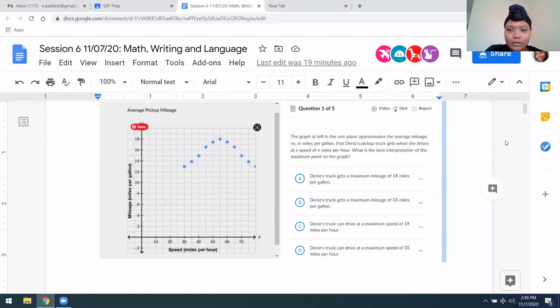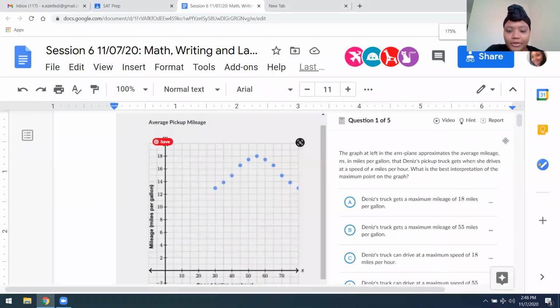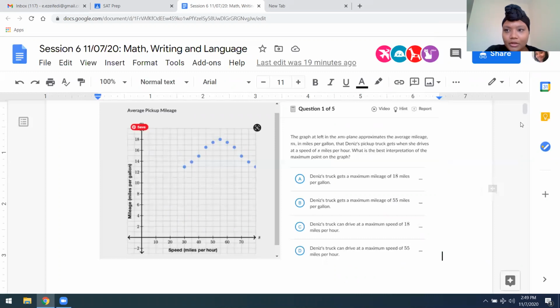So I'm going to go ahead and share the first question. You can look at it for a second and try it by yourself while I try to troubleshoot why Mary can't see the Google Docs. We're doing graphing today. Go ahead and look at that, and I'll try to see what's going on with the Google Doc link.